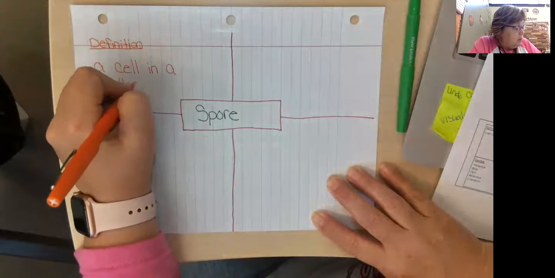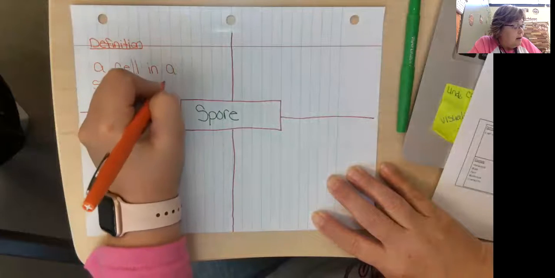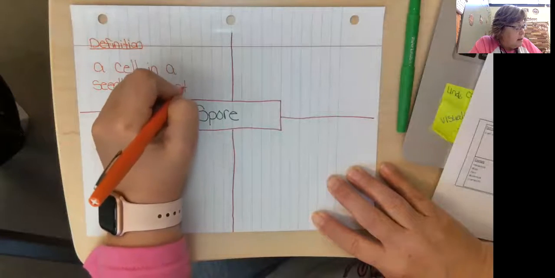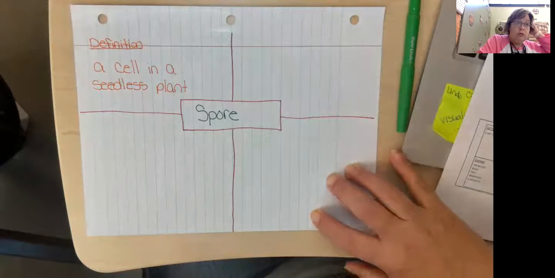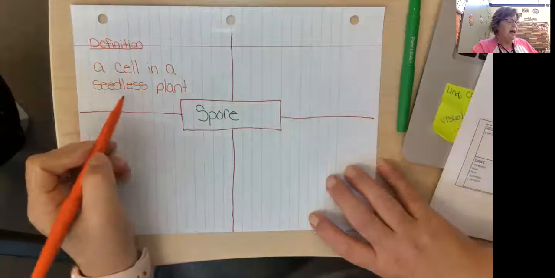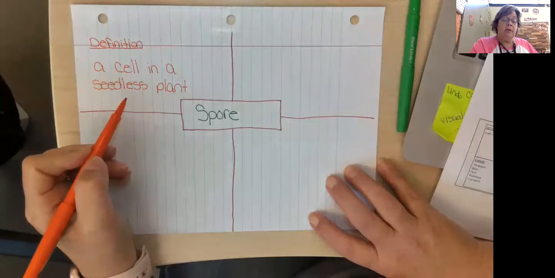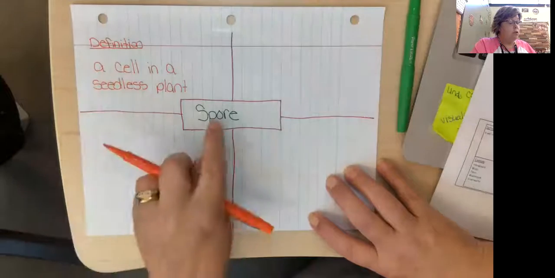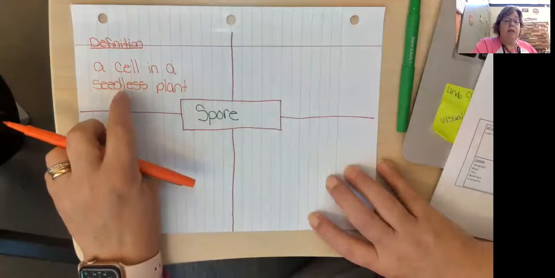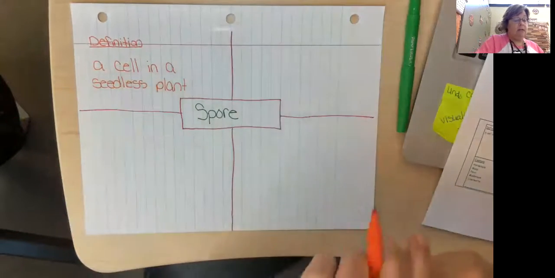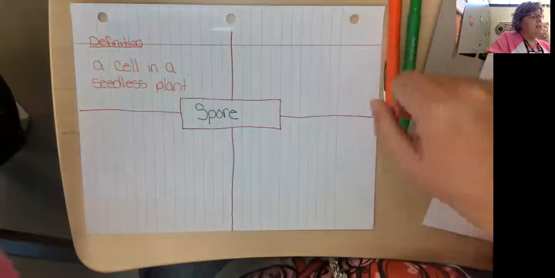And we know that the other plants that reproduce through pollination have seeds. And we are talking today about plants that reproduce through spores because they have no seed. They do not have a seed in them. All right, so that is our definition.